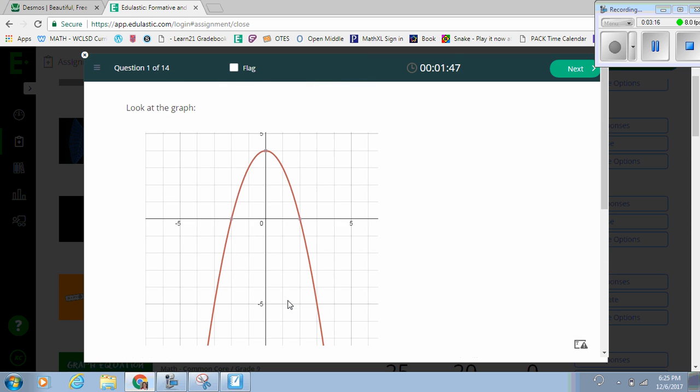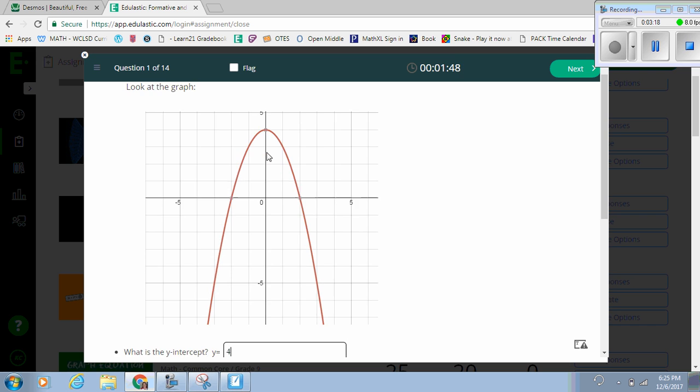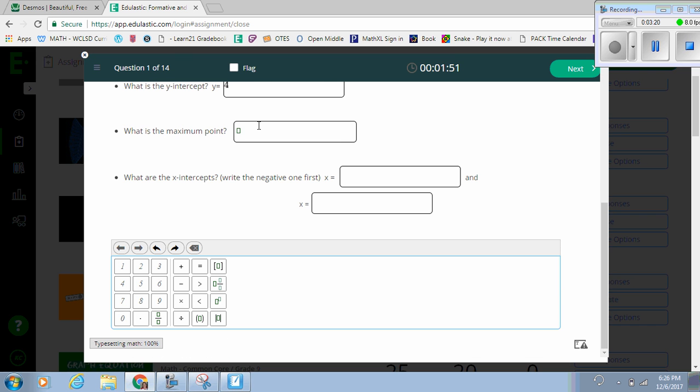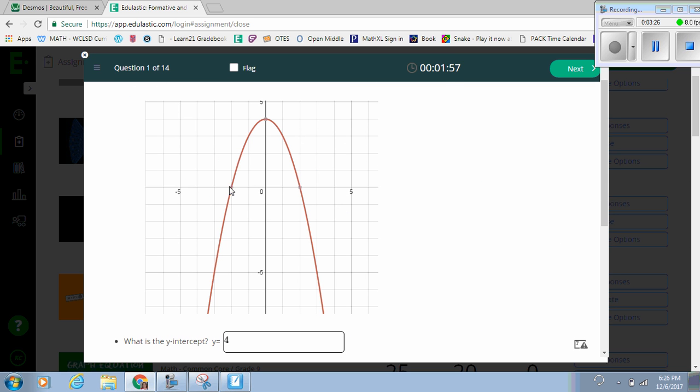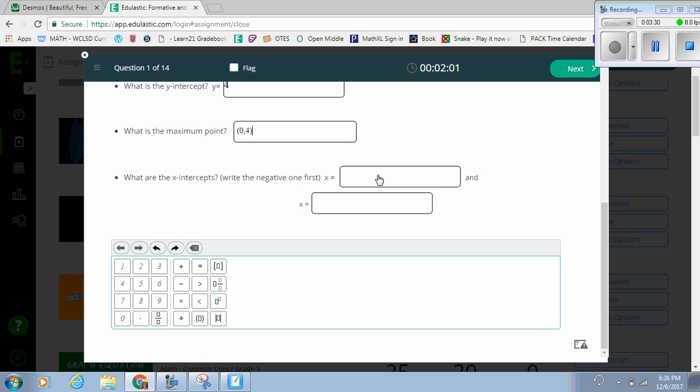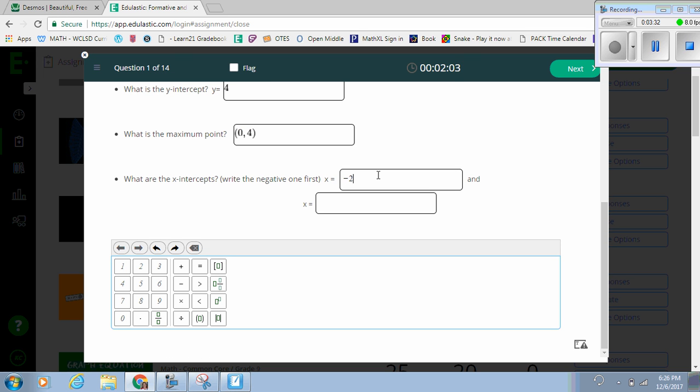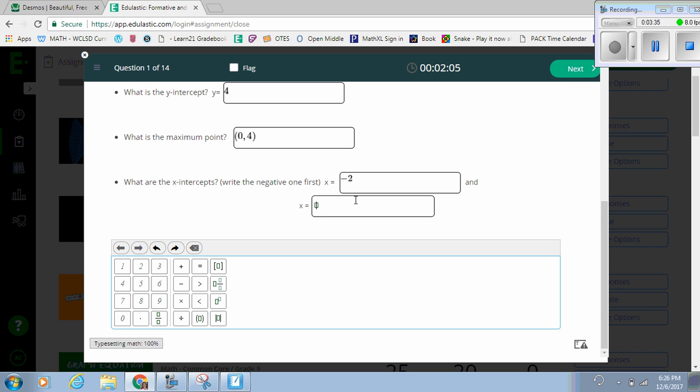And we have the maximum point. Whenever it asks for a point, it asks for an x-coordinate, so (0, 4). The x-intercepts, I just showed you those. They're right here at -2 and right here at 2. So we have x equals -2 and x equals 2.